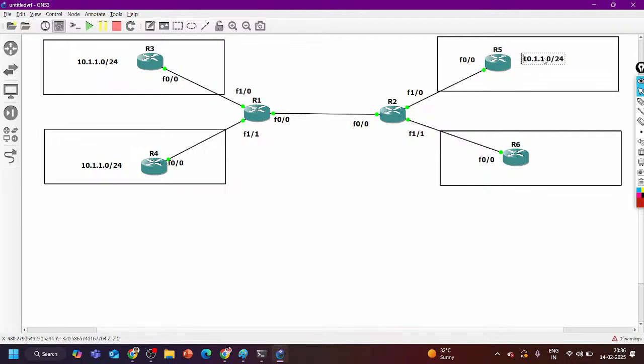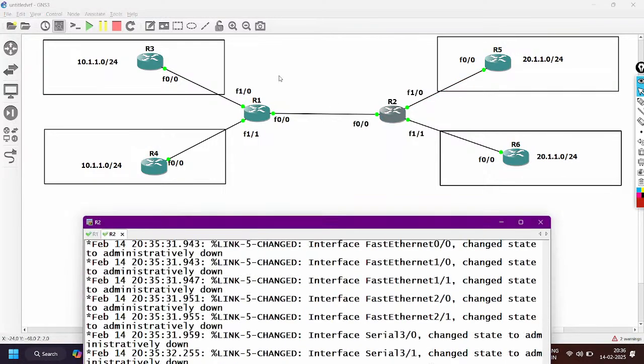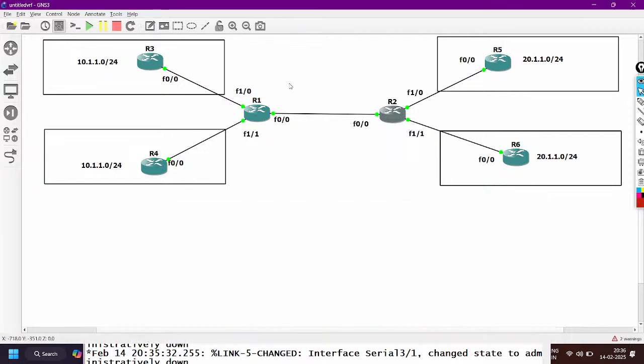Here I have subnet 20.1.1.0 and here my subnet. And between the routers, should I mention the prefixes, guys? Yes sir. Here we have 12 subnet, 12.1.1.0/24.